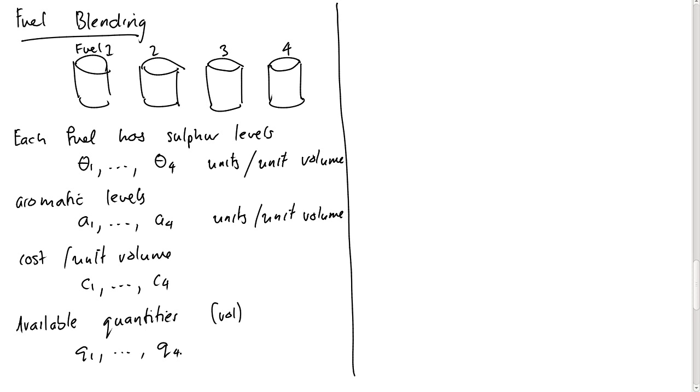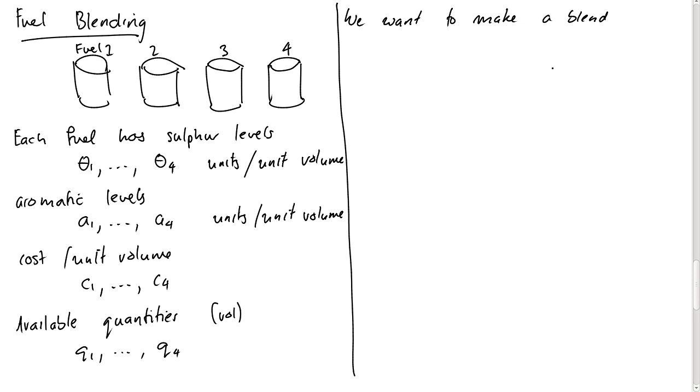So what we do is we've got these different fuels. They cost different amounts and they have different levels of sulfur and aromatics. What we want to do is make a blend by basically pouring them into another bucket and stirring it up.